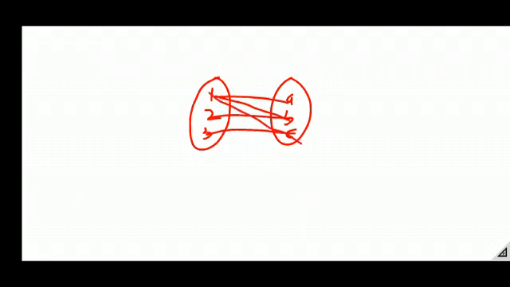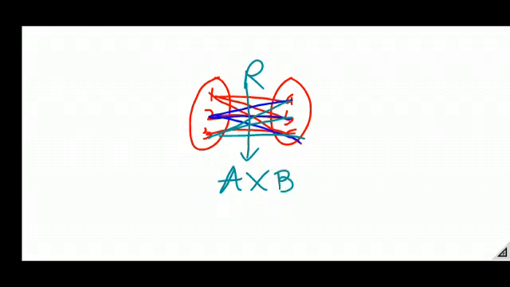I use some different color to make it. In this manner, if I have the things, so what is this relation actually? This relation is nothing but the Cartesian product set.